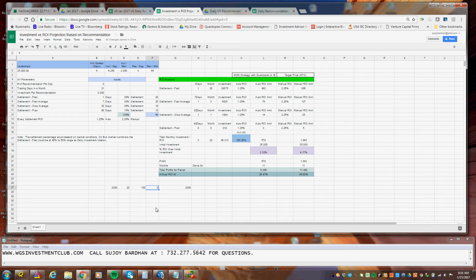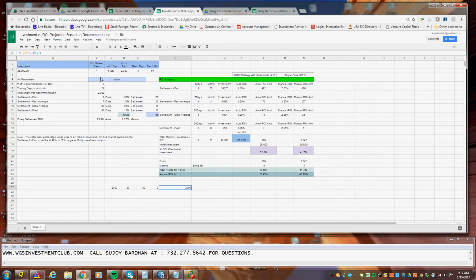So if you are willing to take a risk of $2,000, as I just showed, for that $2,000 you are buying 100 shares of a $20 stock, and for that share to be zero is very unlikely. So the loss of $2,000 is almost next to impossible. That's why I call it a zero loss technique.